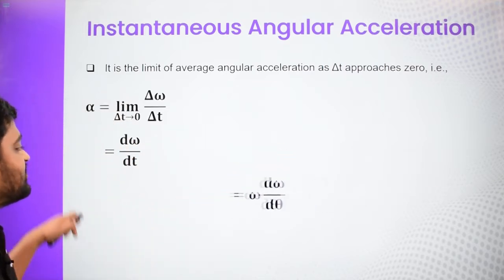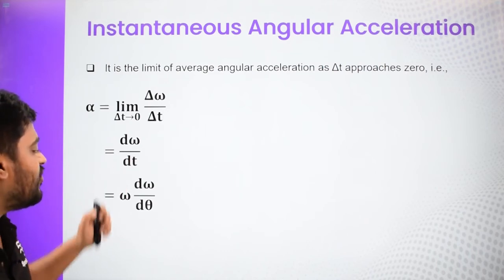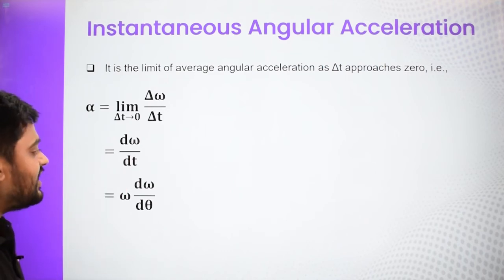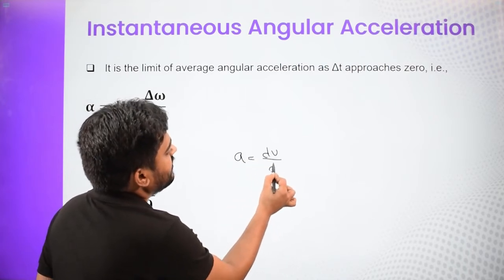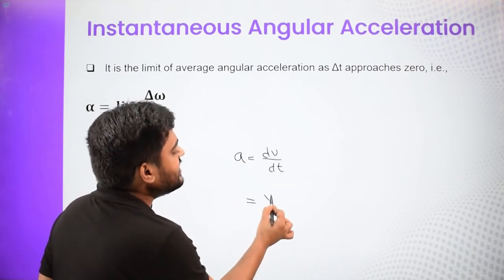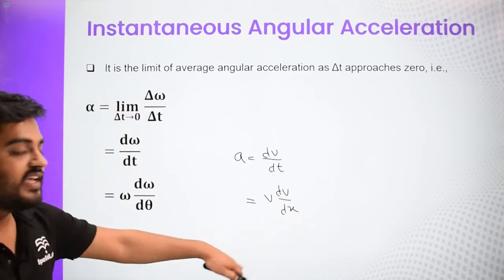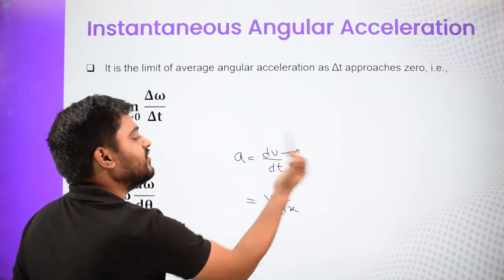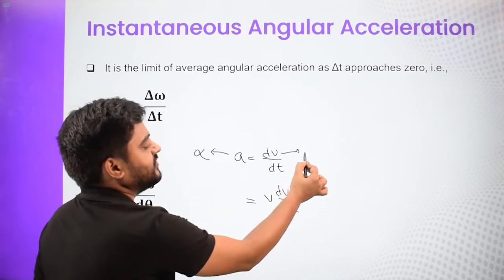So the next formula which comes is alpha is equal to either d omega by dt or omega d omega by d theta. Like acceleration is nothing but dv by dt or v dv by dx. So similarly, instead of velocity we are using angular velocity, and instead of acceleration we are getting angular acceleration.